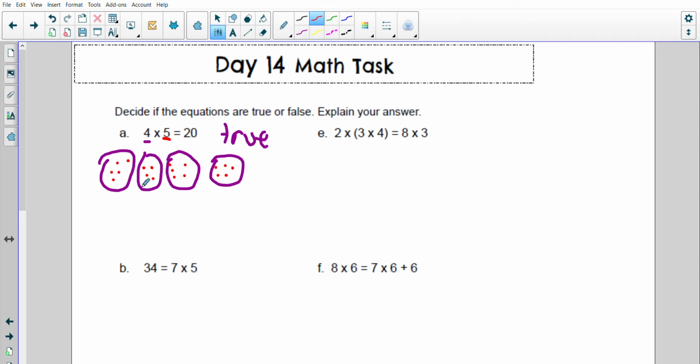So that's 5, 10, 15, 20. Again, that was 5, another 5 for 10, another 5 for 15, and another 5 for 20. Since my picture matches this answer, then yes, it is true.